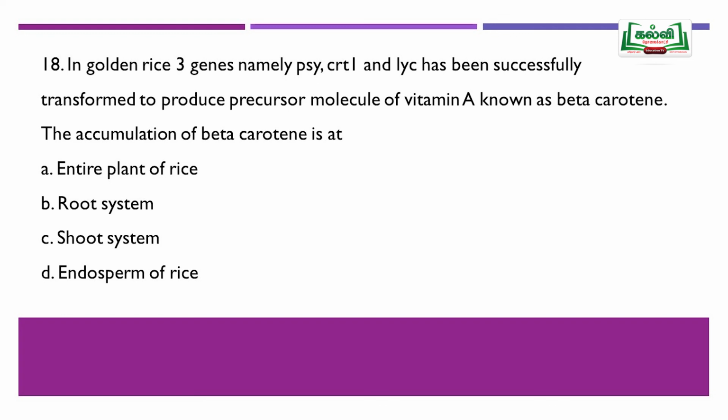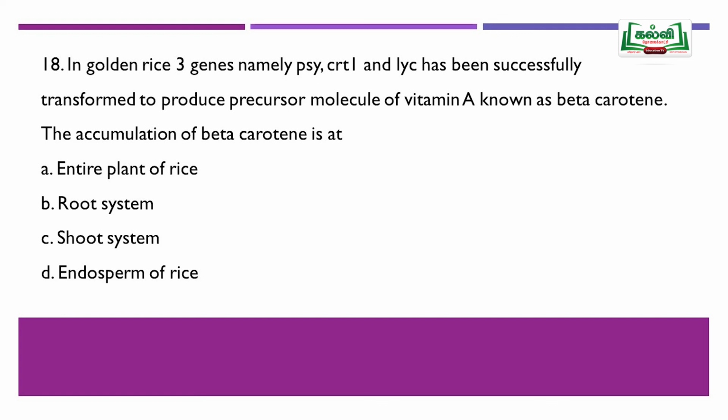Okay. The options given: entire plant of the rice, root system, shoot system, or endosperm of rice. From these four options, if beta carotene accumulates in the entire rice plant, that is not useful for mankind, because only a little portion, that means the rice grain only, we are consuming. We are not going to use the entire plant as our food source. We are not using the root system or shoot system, especially the rice only. So, the endosperm of the rice.